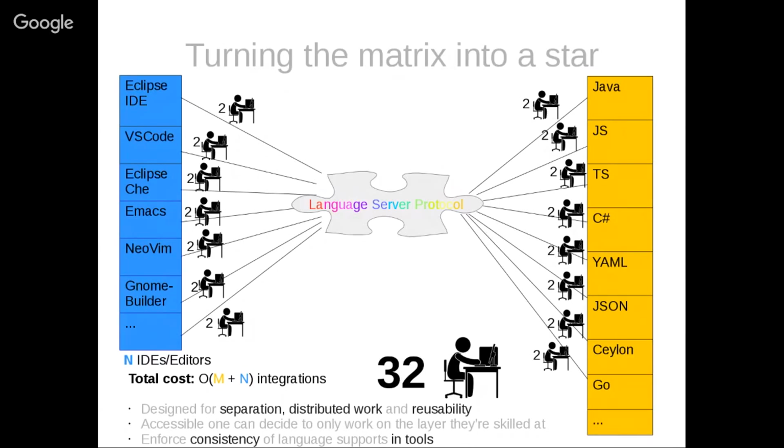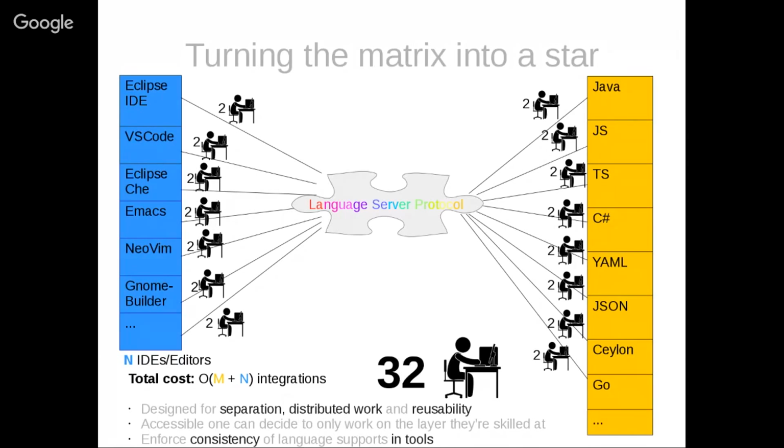A nice thing is that since every tool would implement integration with the language server protocol only once, for example, Eclipse IDE has one integration with the language server protocol, and then you can plug language servers in very easily. We'll show it later.